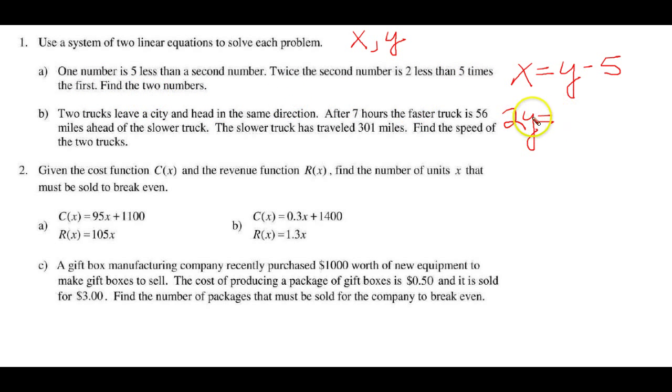So this is the second number. 5 times the first number, which we said was X, and then 2 less. So there are your systems of linear equations in 2 variables converting English into algebra.